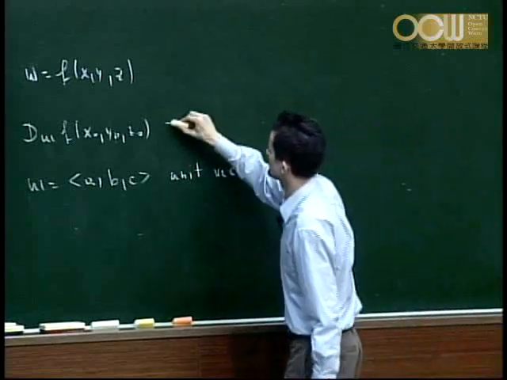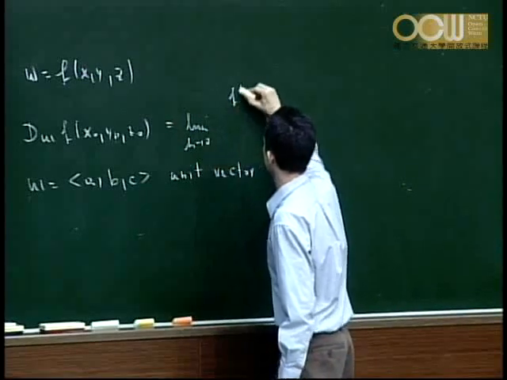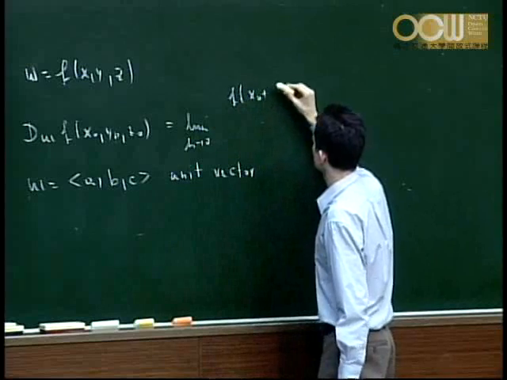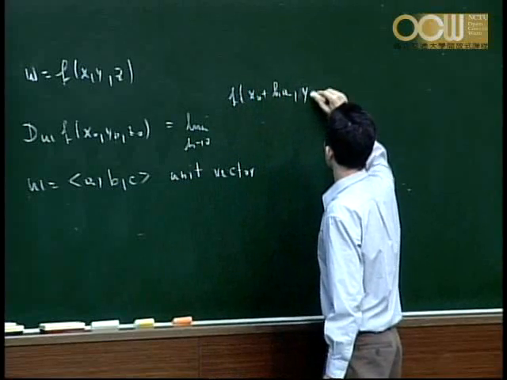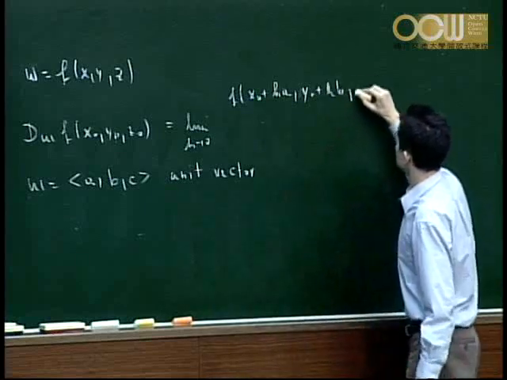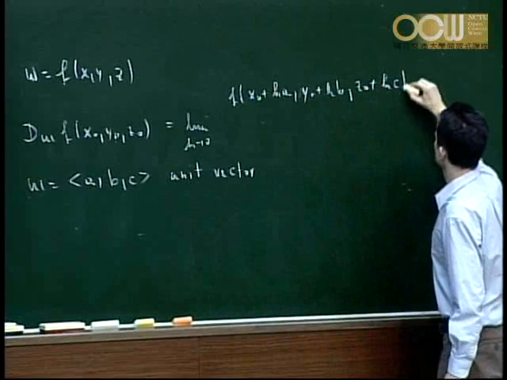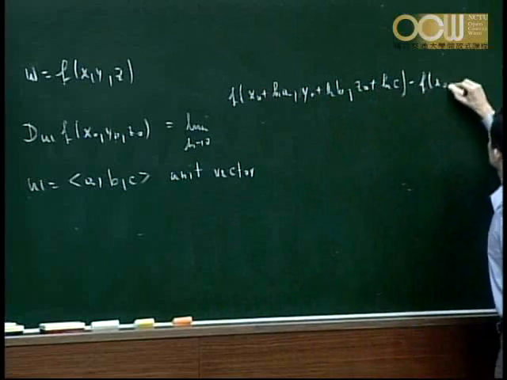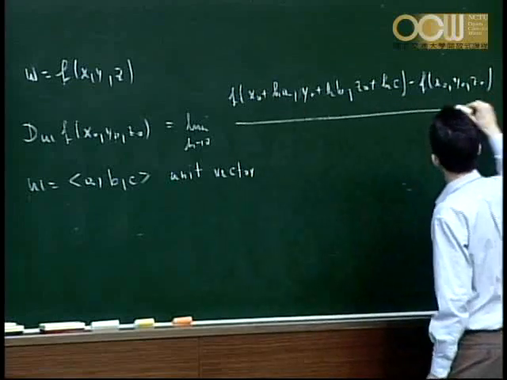And this will be defined similarly. You take the limit, h tends to 0, of f of x0 plus ha, y0 plus hb, z0 plus hc, minus f of x0 y0 z0, over h.